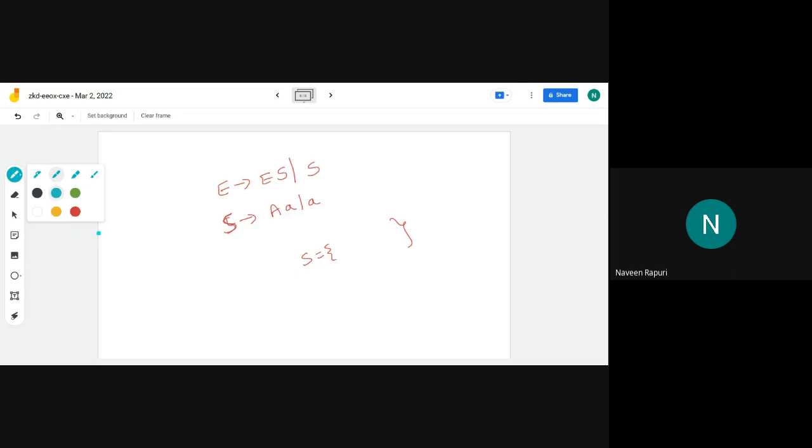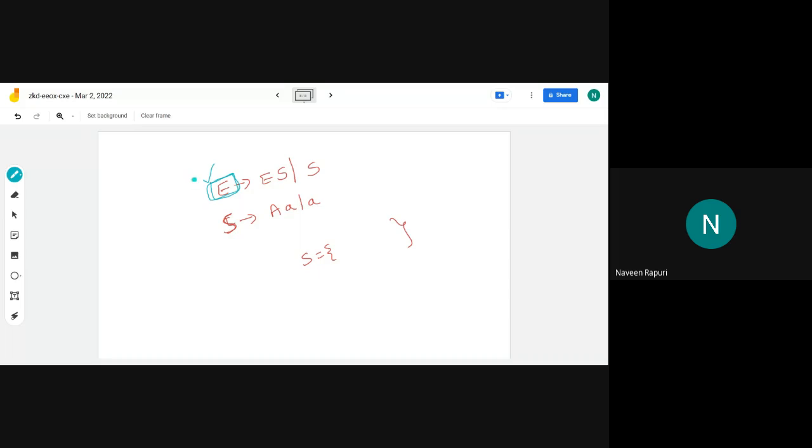Okay, sir. So here E is the start symbol, not S. Even though there is a production with S, we need to consider the starting production's left hand side non-terminal as the start symbol. So don't forget it, otherwise you may give the wrong answer.